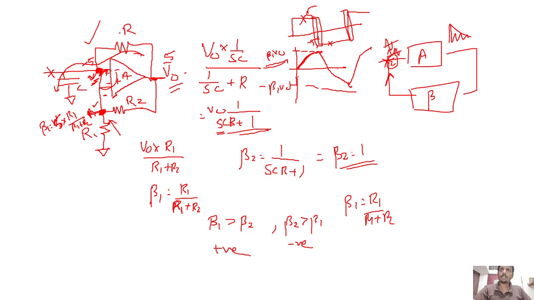Okay, sir, I got it. For oscillation purpose only, we are getting the positive feedback. Otherwise, when it is having the stable states, where that is not required, we are having negative feedback. Correct. Okay.